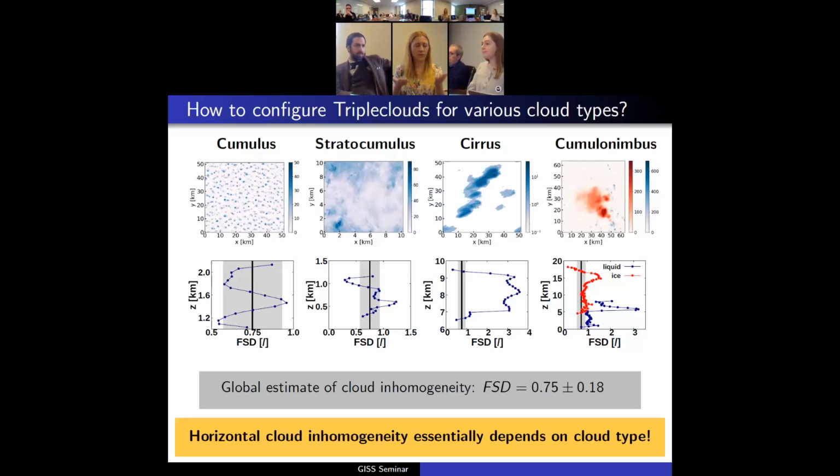Usually they are Gaussian, gamma or log normal. Gaussian is only the theoretical one, but in these boundary layer clouds, usually liquid water content would be distributed either according to a gamma or log normal distribution. But then it's also really the shape of this distribution, like the skewness, as we have seen.